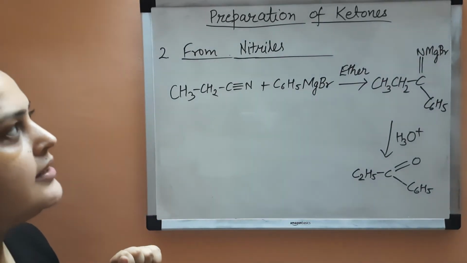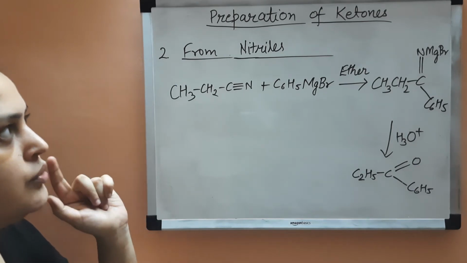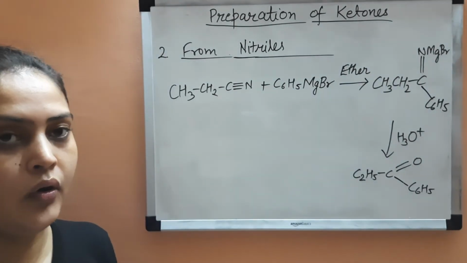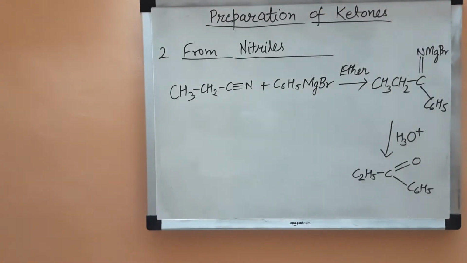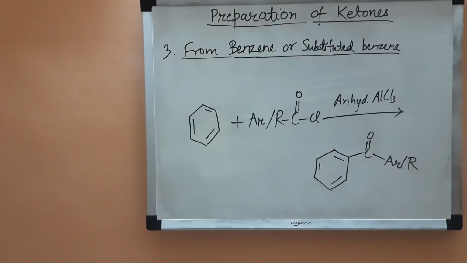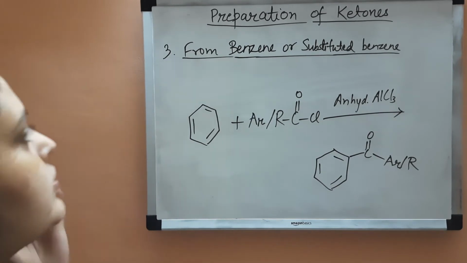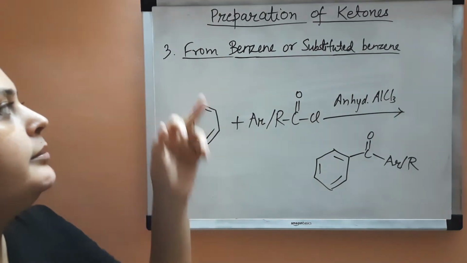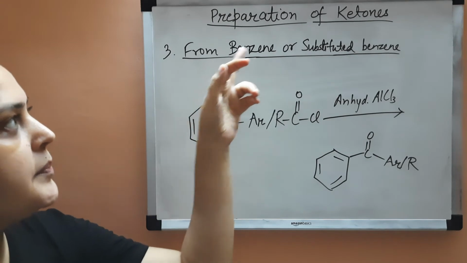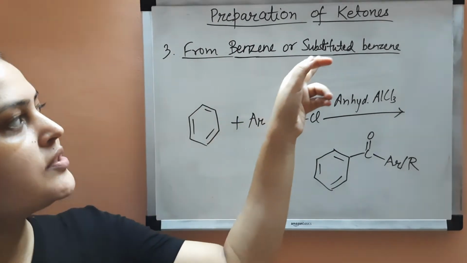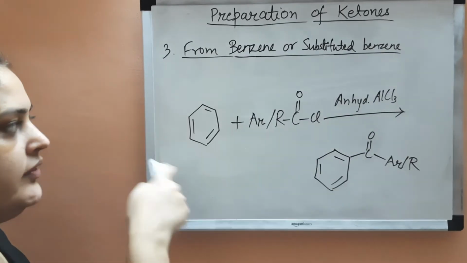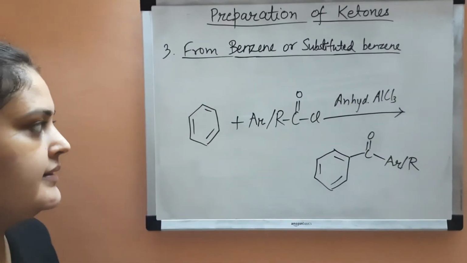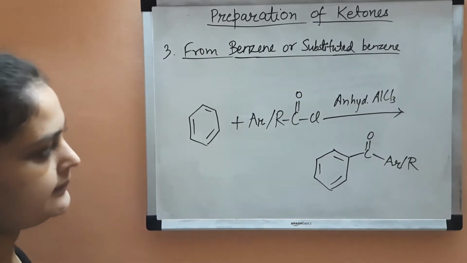The next way is to prepare ketone from benzene or substituted benzene. So the last method, the third method, is to prepare the ketone from benzene or substituted benzene. In this method, we will take the benzene or substituted benzene and acid chloride.